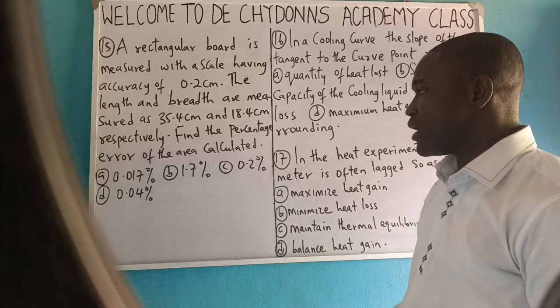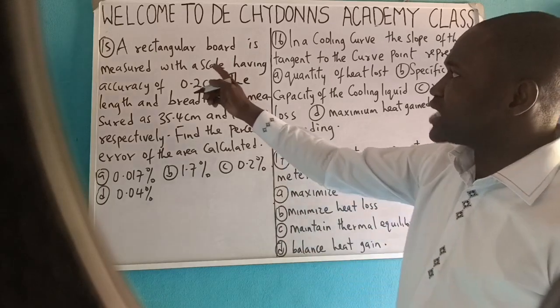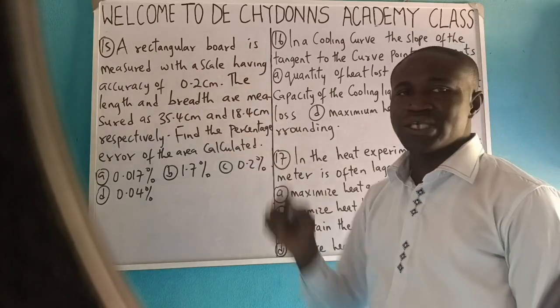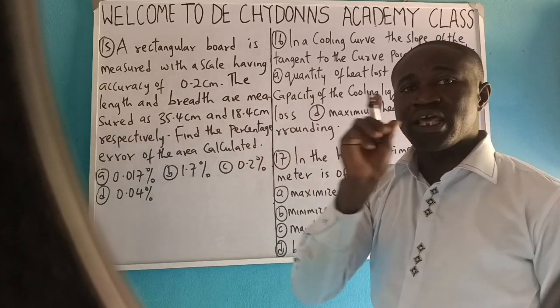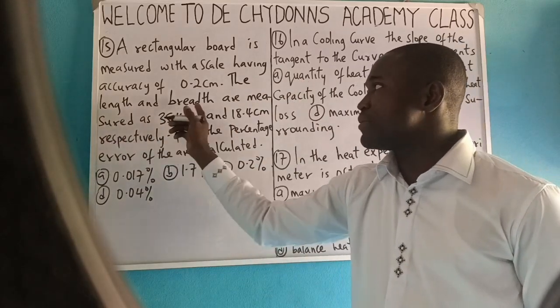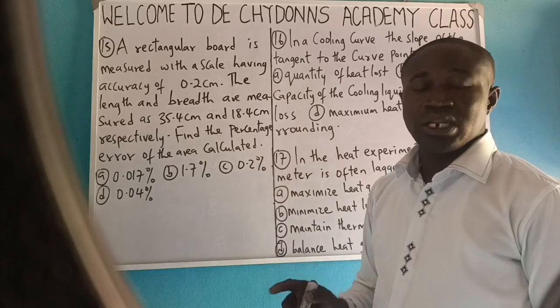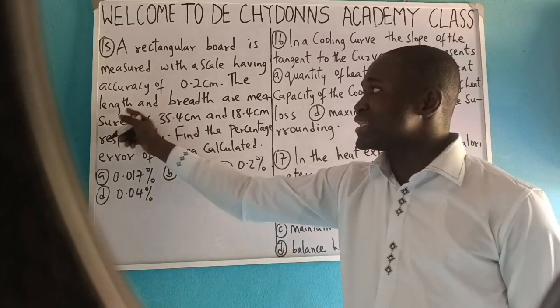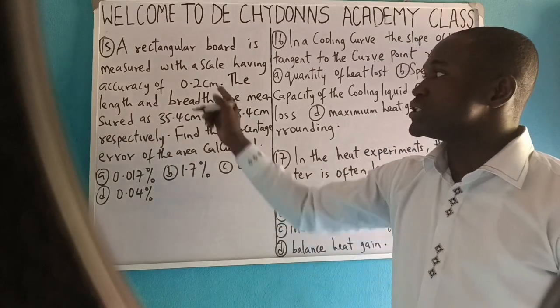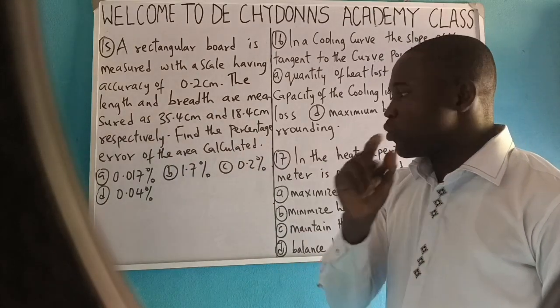It has a formula. But before then, they say having accuracy of 0.2 cm. That means that the reading accuracy of the measuring instrument used to get the length and the breadth is 0.2. The maximum error you will get when you use a measuring instrument to get the length and the breadth will be 0.2 cm. See what we mean?